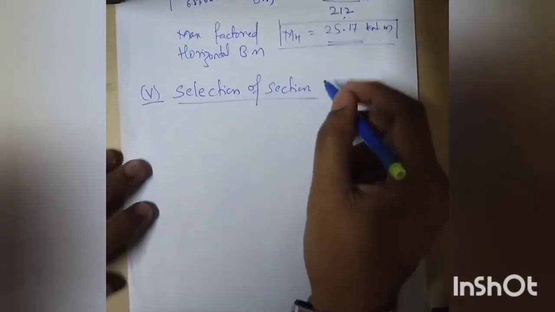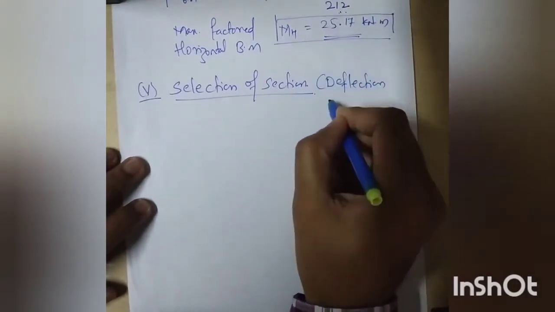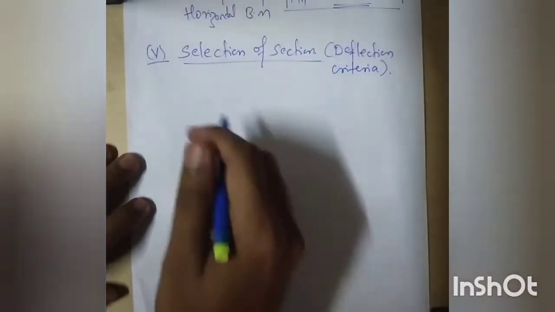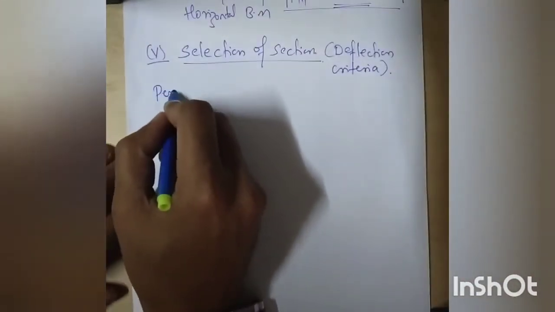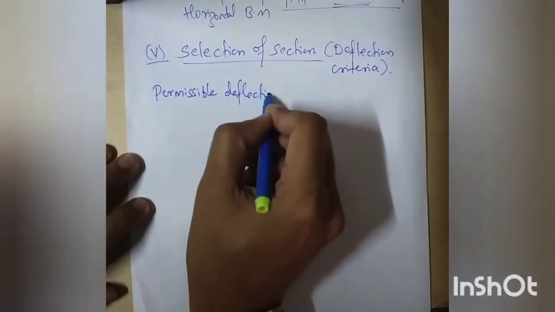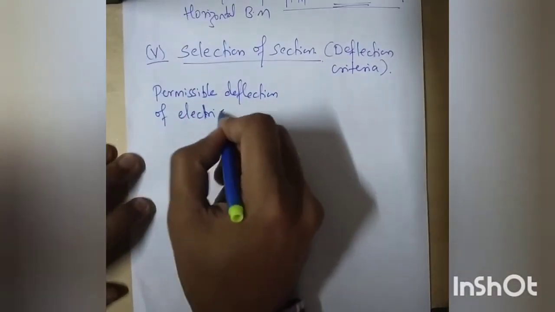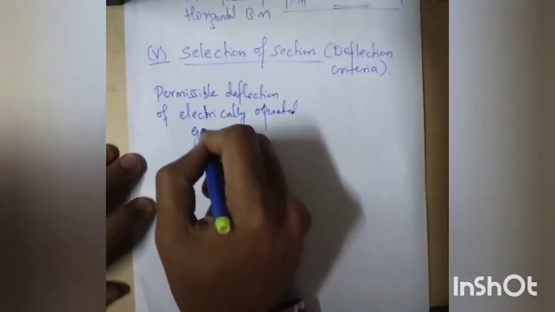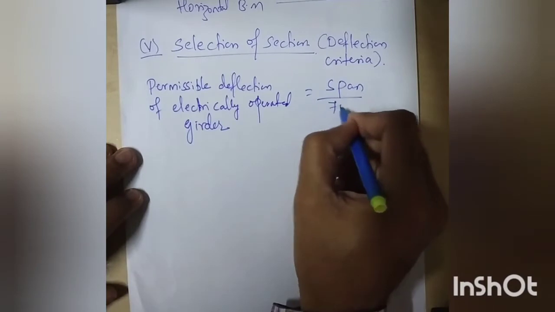Now your section selection is done based on deflection criteria. So now here the permissible deflection of electrically operated girder is span divided by 750.